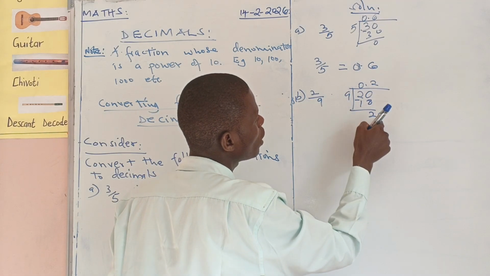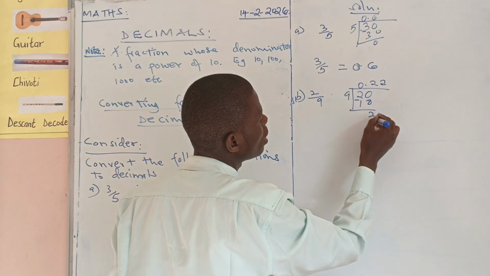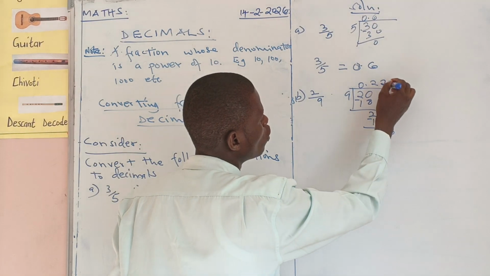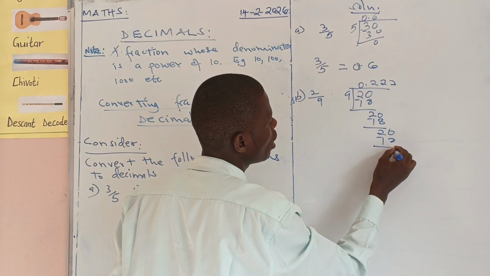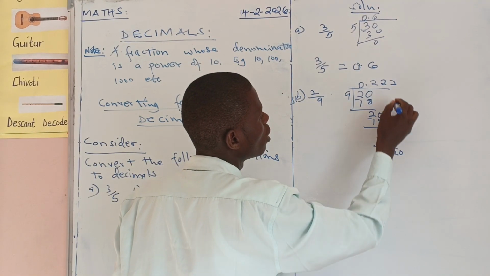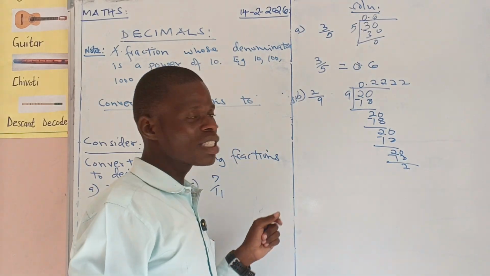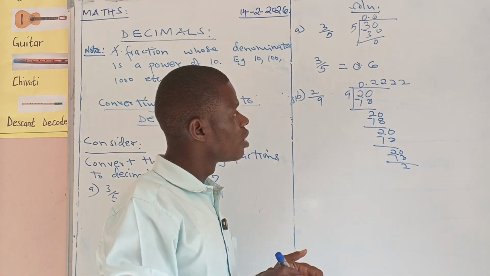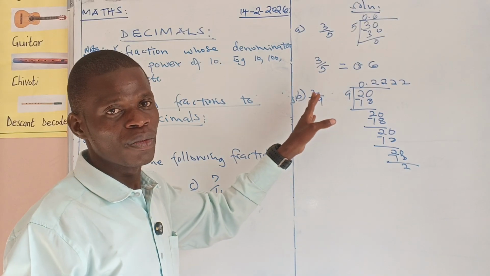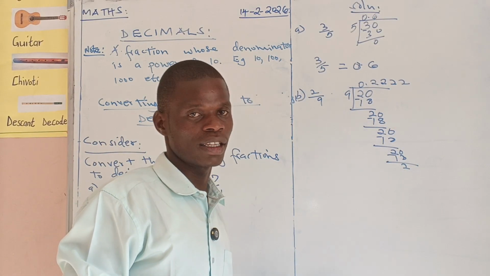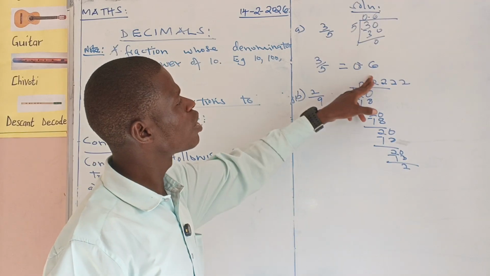We add 0. Into 20, 2 times bringing 18. Remainder 2. Into 20, 2 bringing 18, remainder 2 again. So there are these special types of decimals. They keep on. We can do this until the end of the world. It is not terminating. This one is terminating.